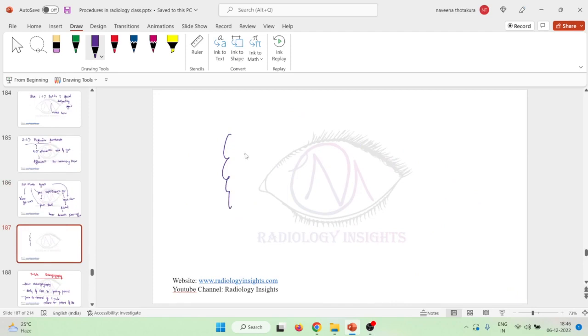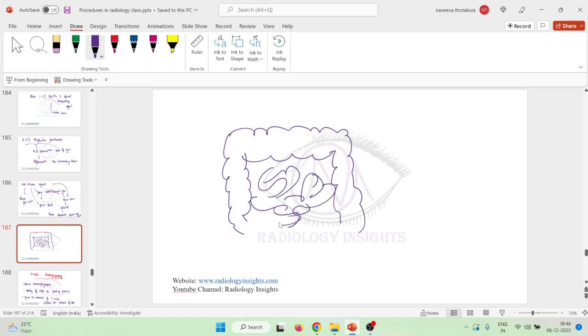If this is the gut, we have the ascending colon, transverse colon, and descending colon. There will be these loops, and finally the ileum. By the time the contrast passes through all these loops and reaches the ileum, some water might reach the lumen, and as a result they become diluted. So the distal small bowel, the ileum, cannot be demarcated properly with the use of these water soluble agents.